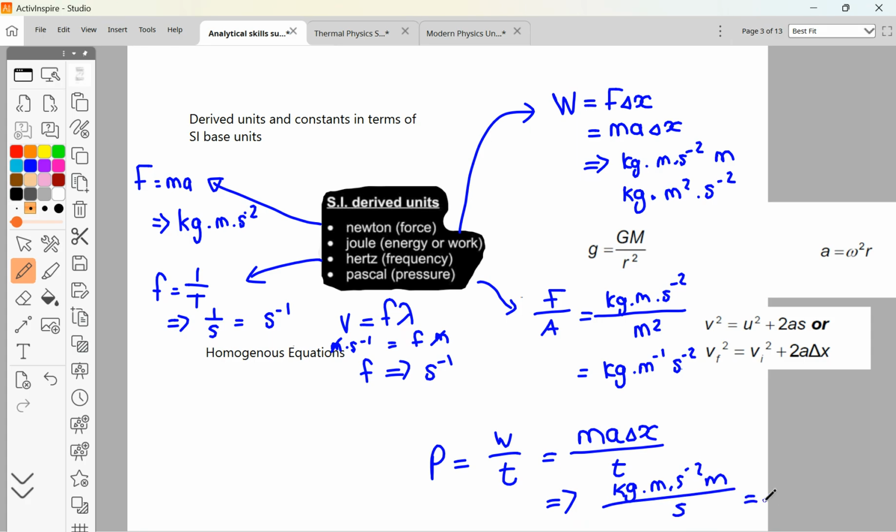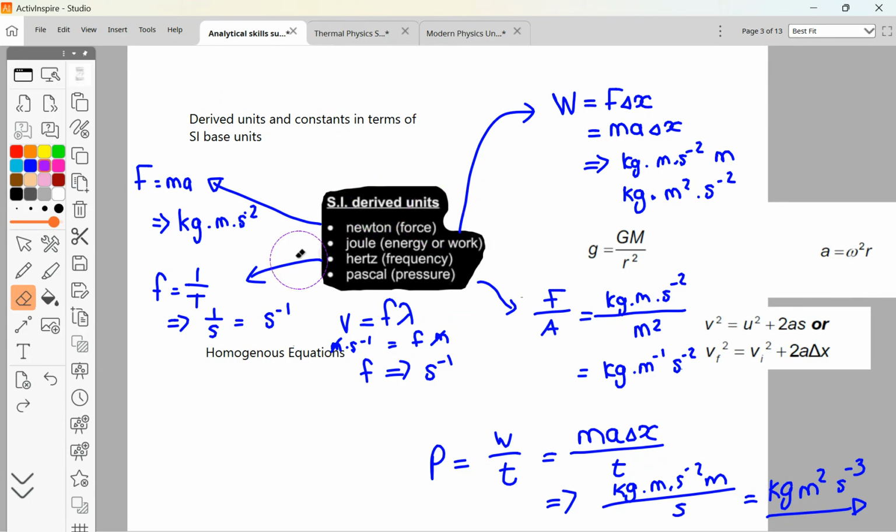I'm doing it fast because we've done this already, and that would then simplify to kilograms meters squared seconds to the -3. So that will be power or watts in terms of base units. Definitely not a base unit, as you can see here. So that's the base units for luminosity.